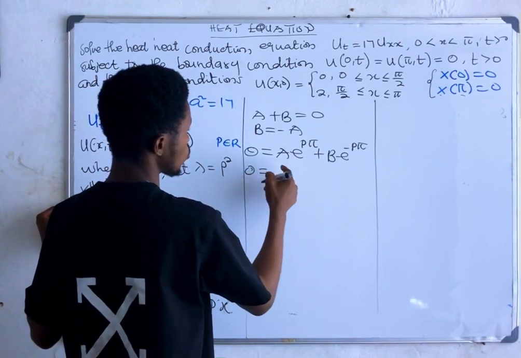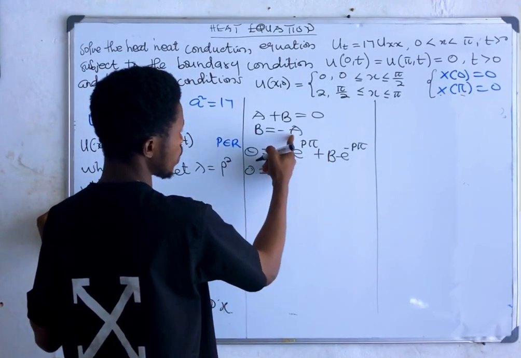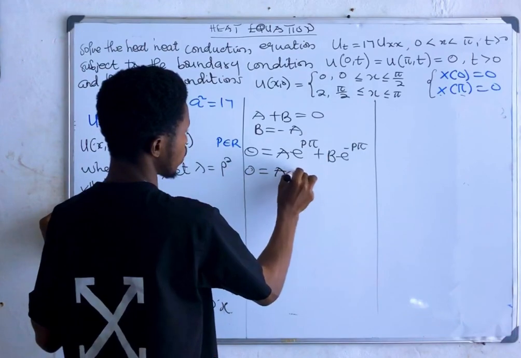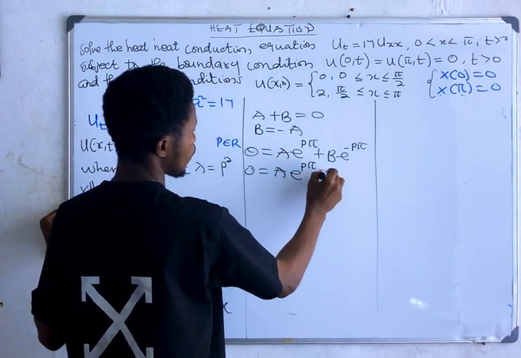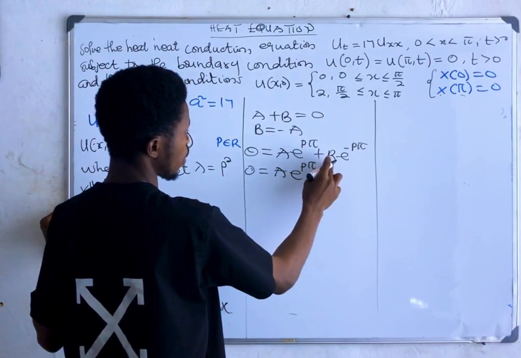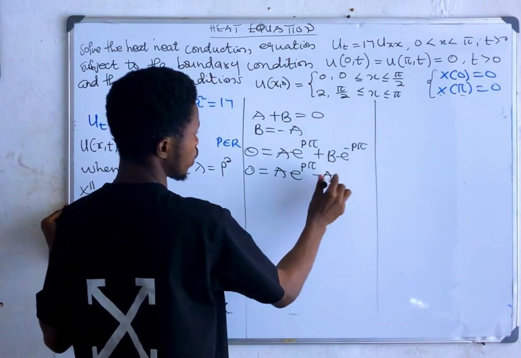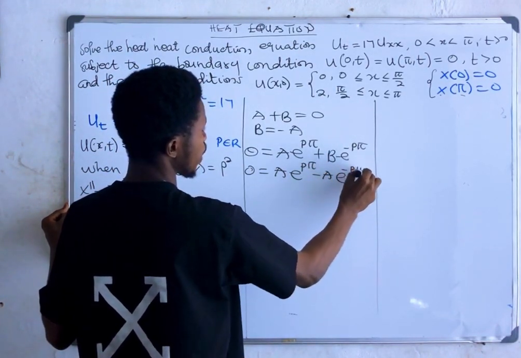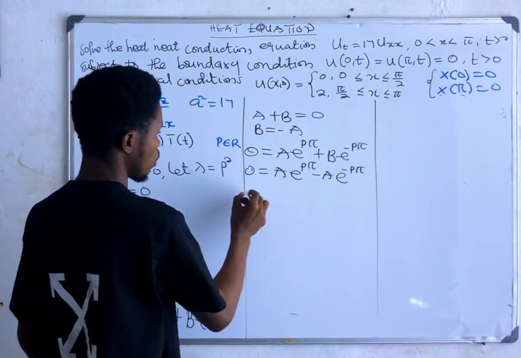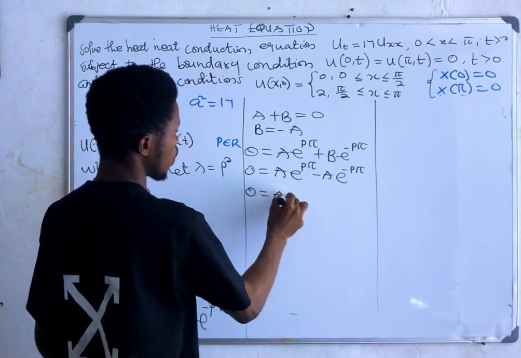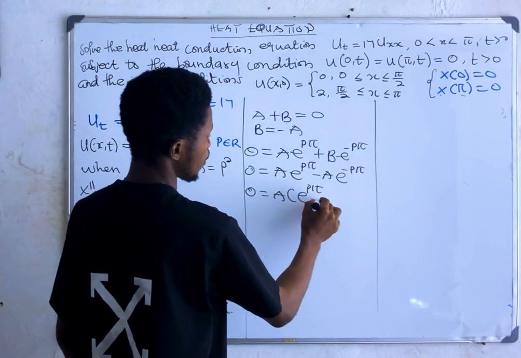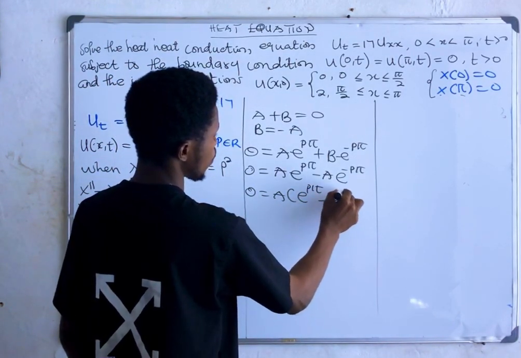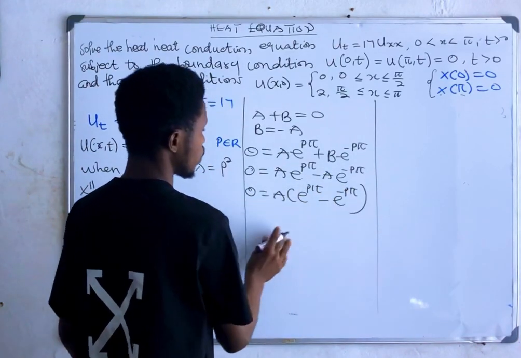So my 0 will be equal to, you see this b is the same as negative a, so I can write this one as a e to the power p pi minus, instead of b, I represent it by negative a, e to the power negative p pi. Now the a are common, so I can write 0 equals a bracket open e to the power p pi minus e to the power negative p pi.